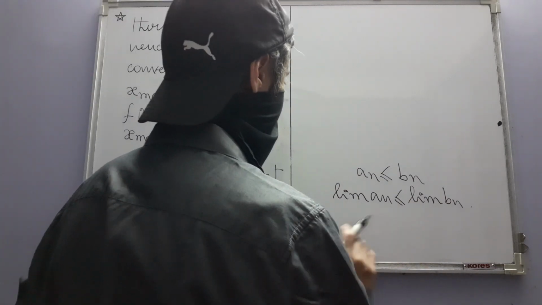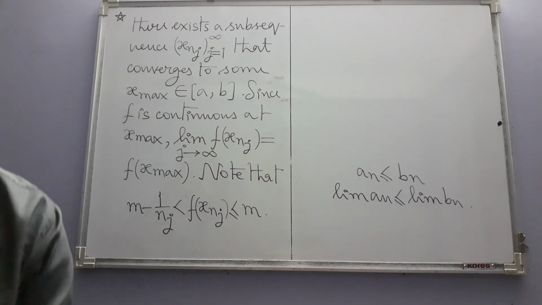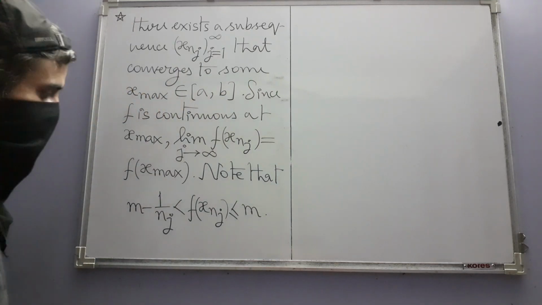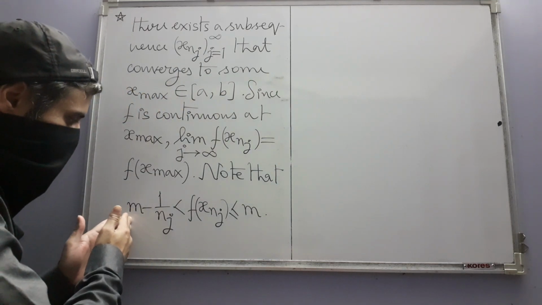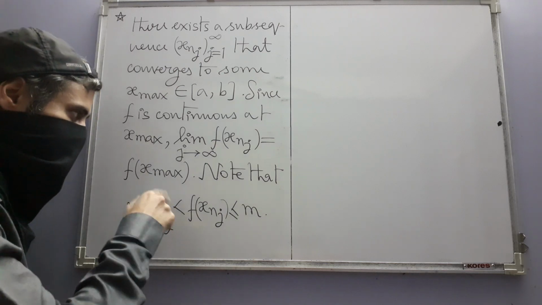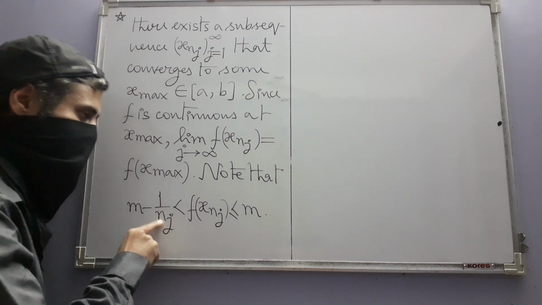And in doing so, we will note one more thing. What will happen if I take limits of all these terms as j approaches infinity? Let us concentrate on this nj.